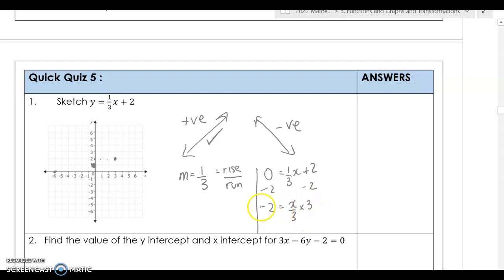Let's times both sides by 3. I get minus 6 equals x. So that's the point minus 6, 0. That's where it cuts the x-axis as well. That's over there. So I've got 3 different points now, and there are 2 different ways that I can find them. So there's my line. This might look a bit neater than mine, but it goes through there. That's the sketch of that graph.